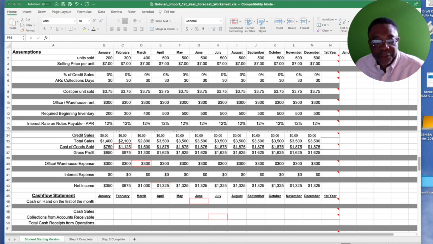Similarly, we have calculated gross profits, office expense, and net income for all of those months. We have net income for January of $350, for February of $675, for March of $1,000, for April of $1,325, and for the months from May through December, we have net income of $1,325.